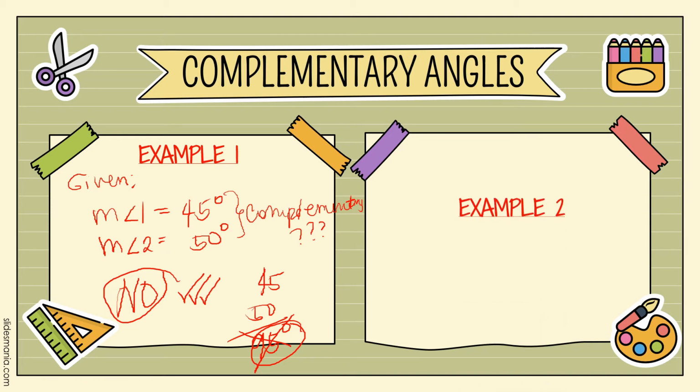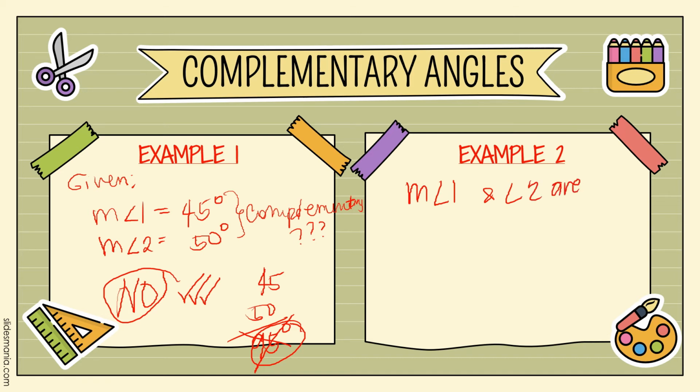Next, we have example 2. Let's say, for example, it is stated that angle 1 and angle 2 are complementary. But then, it is also given that the measurement of angle 1 is equivalent to 30 degrees. What would be the measurement of angle 2? What do you think is the answer for this one? Again, I will repeat, angle 1 and angle 2 are complementary angles. It is also given that angle 1 is equal to 30 degrees.